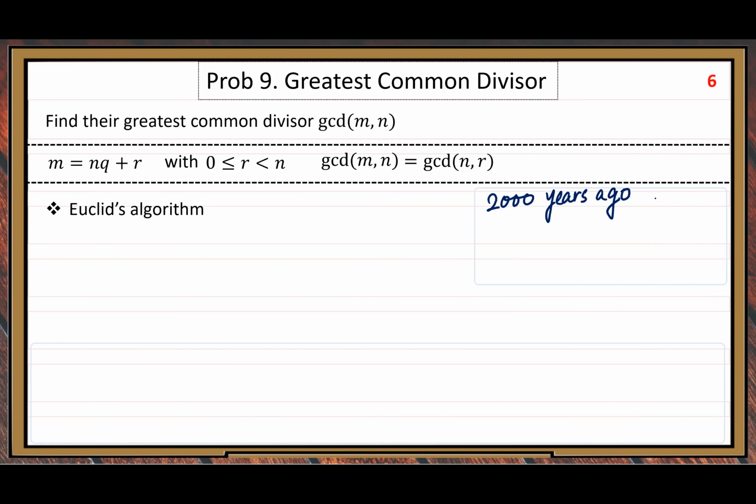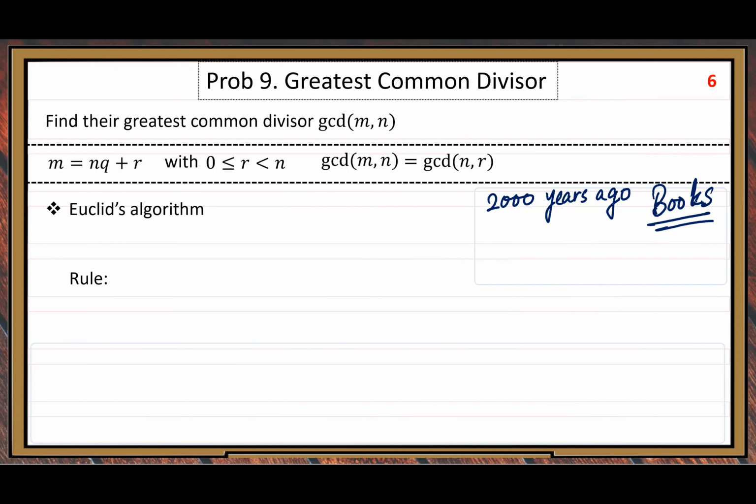It's just called Elements, okay? As I remember, inside it covers all the basic math theory, geometry, number theory. And this Euclid's algorithm was one of the main results in that book's volume.